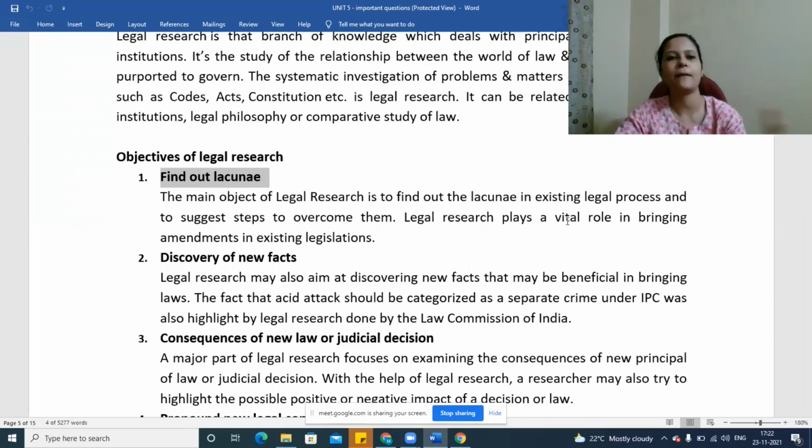If you take the example of the Consumer Protection Act, in the year 2019 a lot of changes were made. The previous act was repealed, and a new legislation came into force, the Consumer Protection Act 2019. Why? Because they identified that there were so many things missing in the previous legislation.